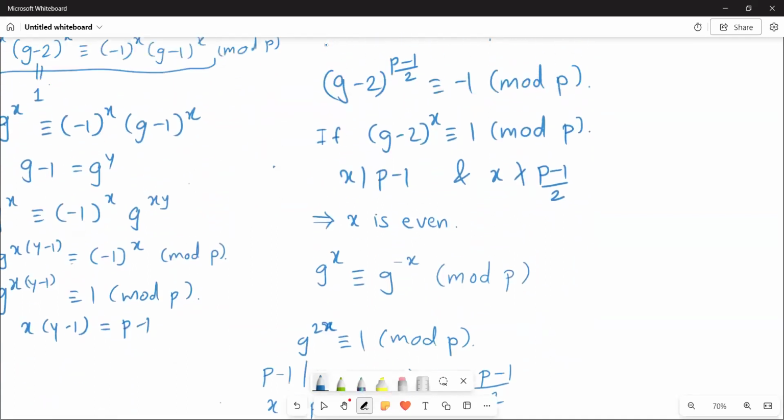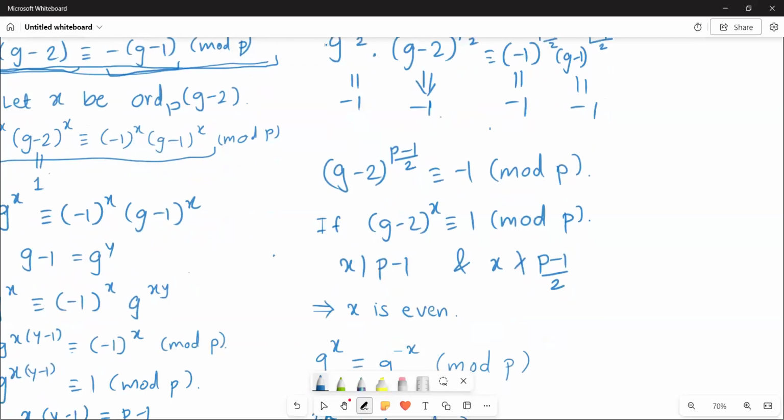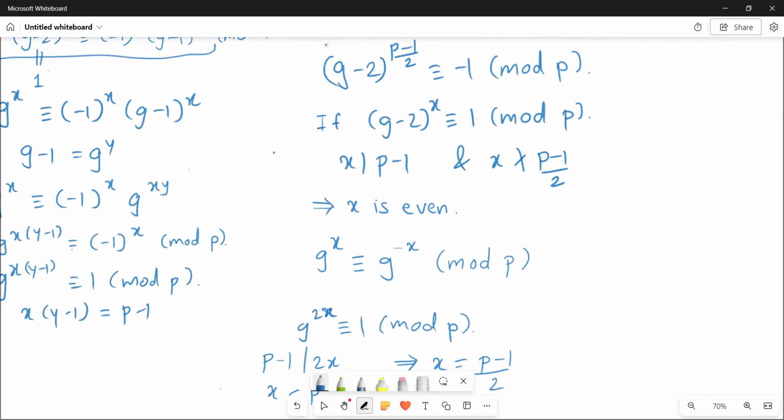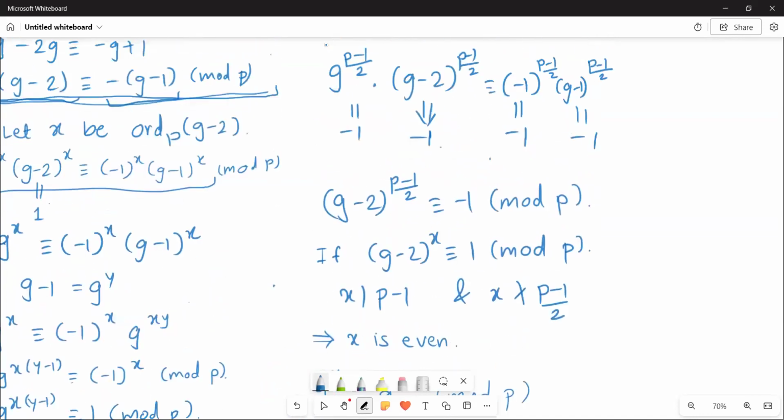Then the order should divide p minus 1, but the order should not divide p minus 1 by 2. Yes. So are you asking how did we get that? The order must divide p minus 1, but the order should not divide p minus 1 by 2.